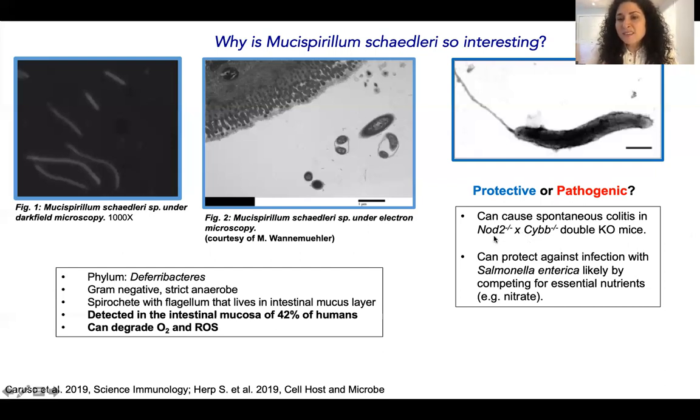In NOD2 and CYBB, or GP91, double knockout mice, when colonized with Mucispirillum schaedleri, these mice develop a spontaneous colitis. However, in another study, colonization with Mucispirillum schaedleri could actually protect against infection with Salmonella enterica, likely by competing for essential nutrients such as nitrate.